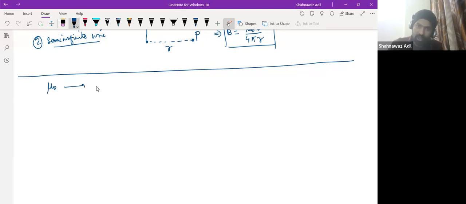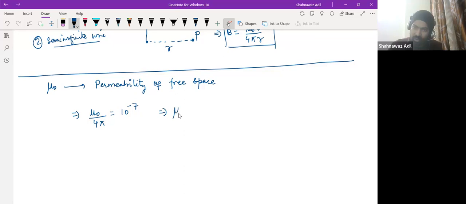So mu naught is the permeability of free space, right? And the value of mu naught by 4 pi is 10 to the power minus 7. So the value of mu naught is 4 pi into 10 to the power minus 7.